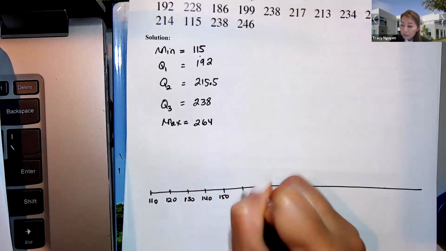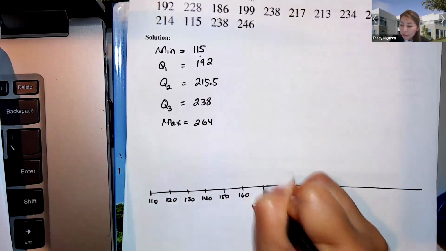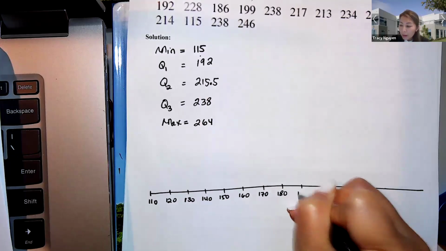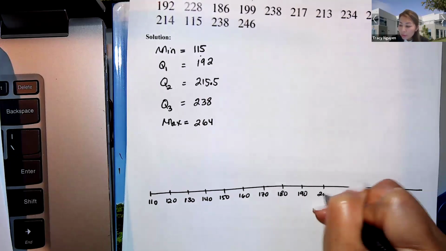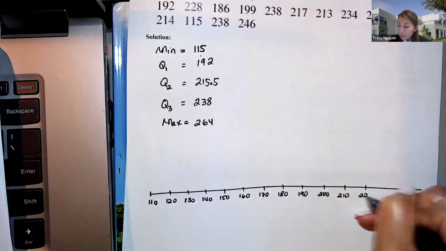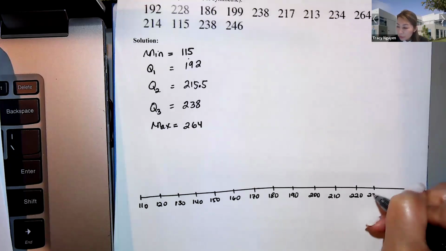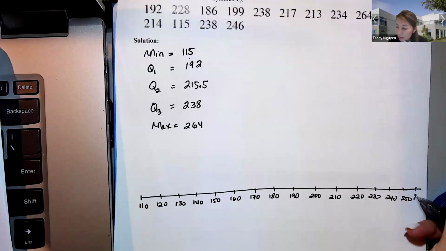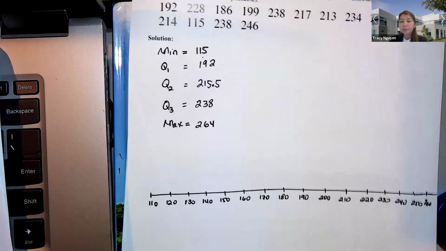You just need to key in the numbers, then the system will plot it, okay? Or if you have a box plot given, then you're just going to read the 5-number summary. All right, so here is 230, 240, 250, 260, a little bit more here, that's fine.